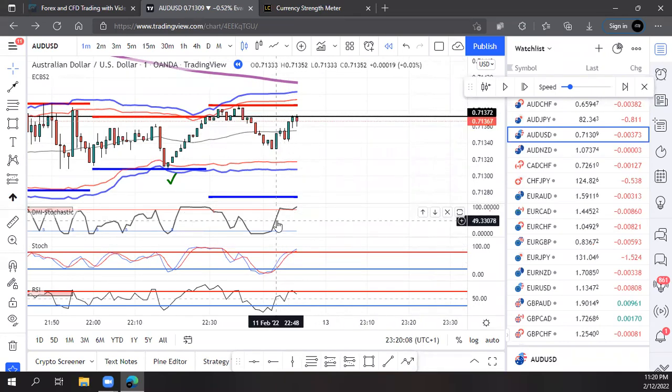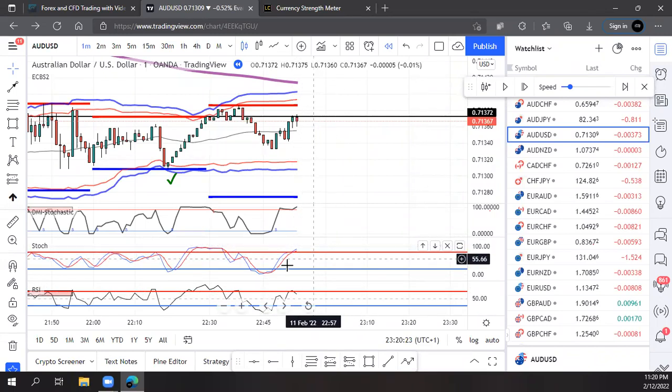And now we have the DMI on the 1 minute time frame at the red. We have the stochastic at the red. For the 1 minute time frame, we also have the RSI at the red. So now all I'm waiting for is the stochastic to give me a signal. I'm waiting for the red line of the stochastic to cross down the blue.